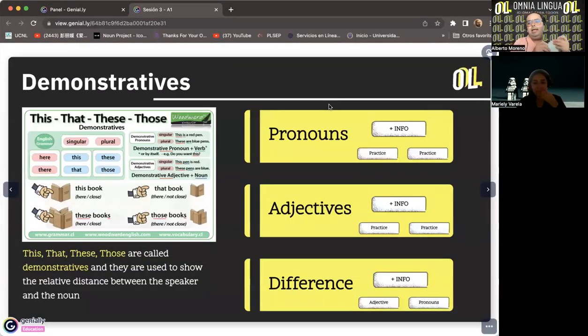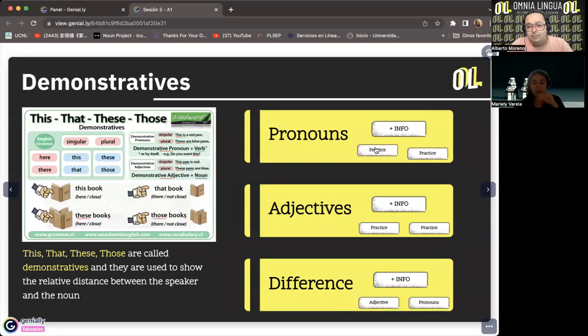Just remember, when something is close, we use this or these because it's plural. And when something is far from the person who speaks, or you, we use that if it's just one, or those if we talk about more than one thing. Okay. Now we have activities for each one of these.